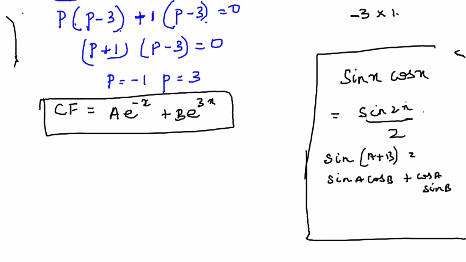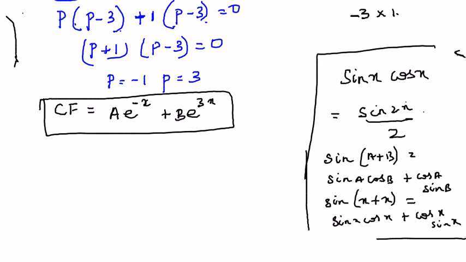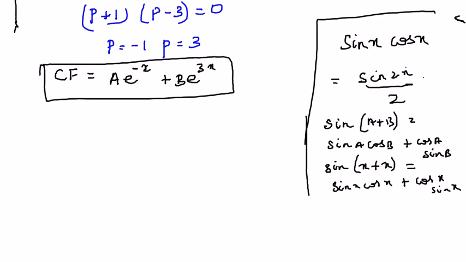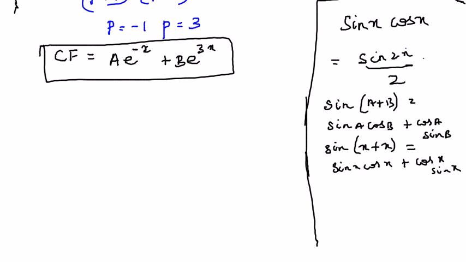Now why don't you substitute, instead of a and b, I'm going to have it as x plus x, which is nothing but 2x. Therefore this becomes sin x cos x plus cos x sin x, right? So this becomes sin 2x is equal to 2 sin x cos x, right?